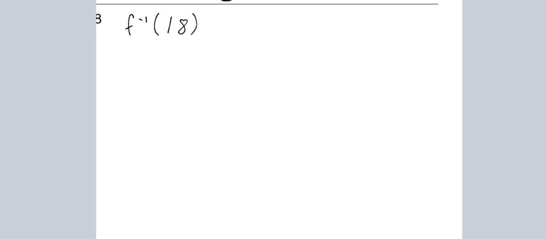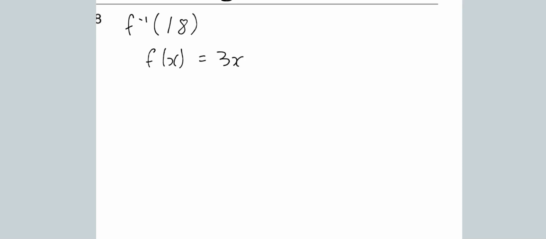But if, in the grand scheme of things, all you have to do is find one value, in this case what's f⁻¹(18) and then what's g⁻¹(18), then maybe you don't have to go to all that trouble. So we're trying to work out what f⁻¹(18) is, and we know that f(x) is equal to 3x.